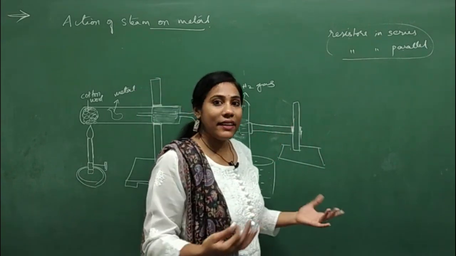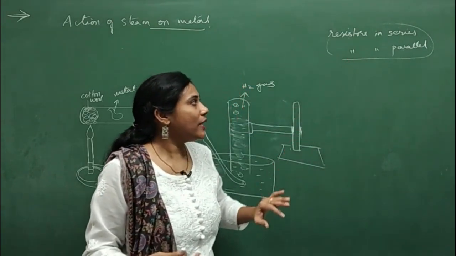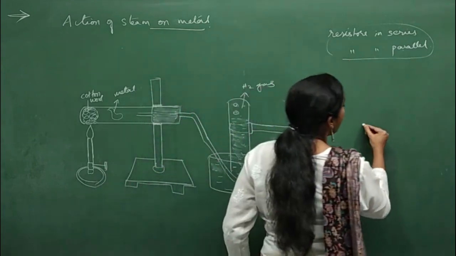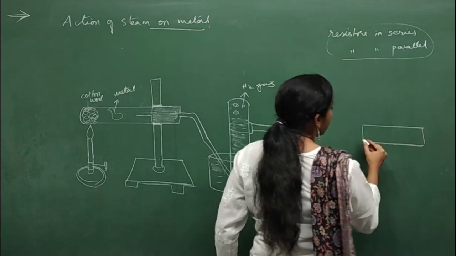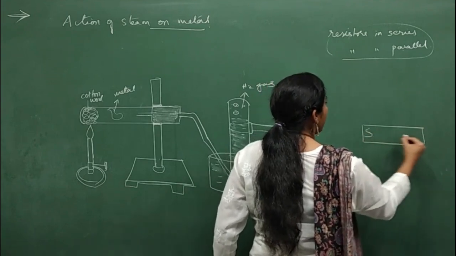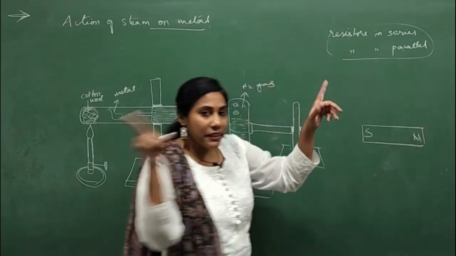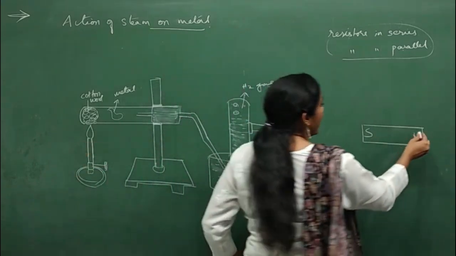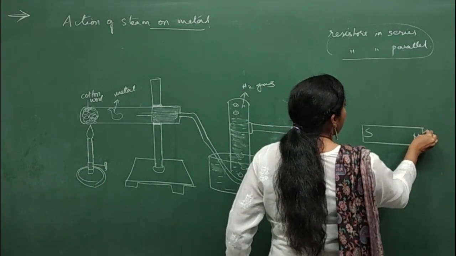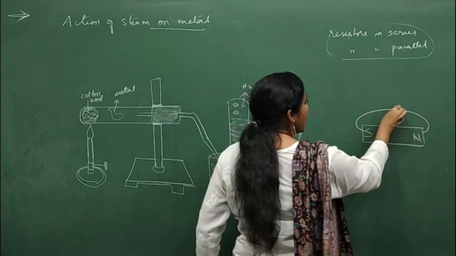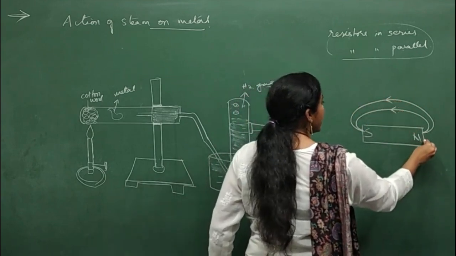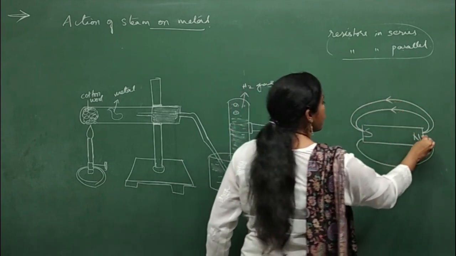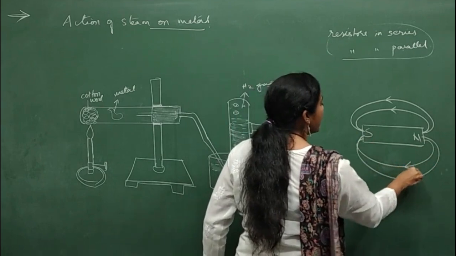And apart from these circuit diagrams, you have to know magnetic field lines. Okay, so if you have a bar magnet, say for example south pole and the north pole, you have to show the direction of magnetic field lines. So how do you show that? Magnetic field lines always emerge from north to south, isn't it? Like this, you can show two loops or as many loops as you want.